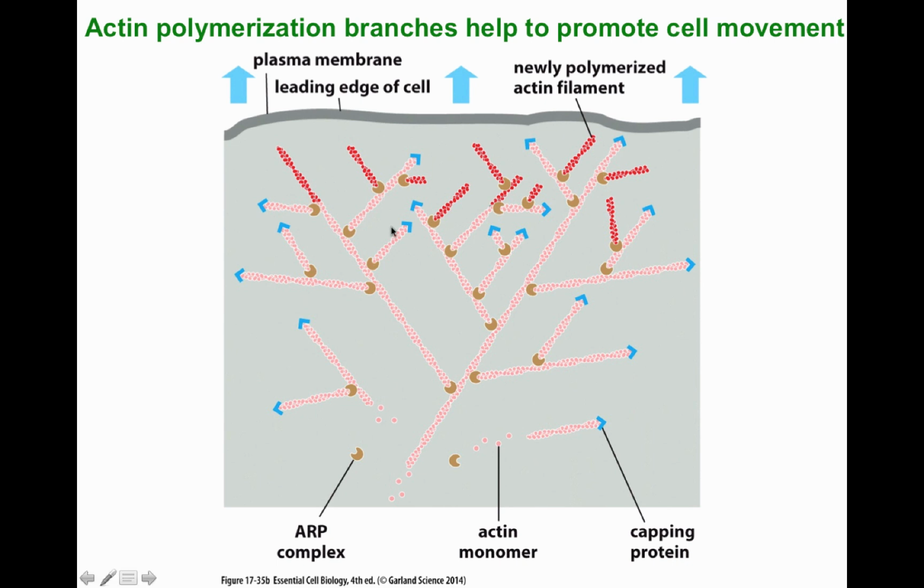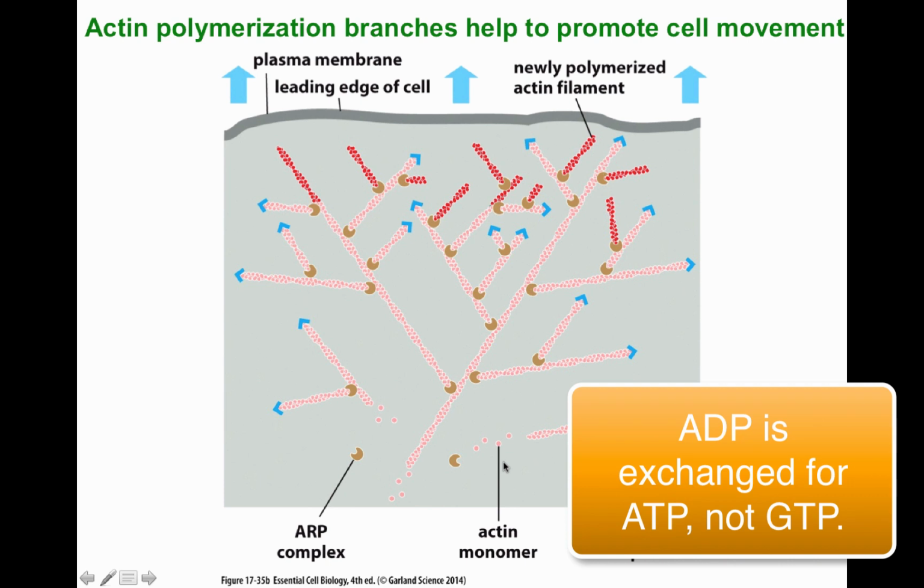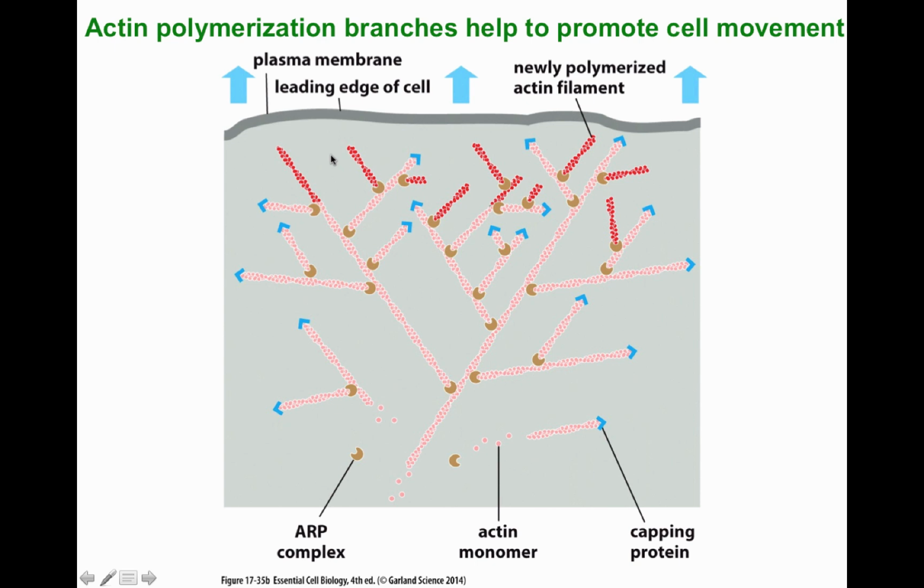What you can also appreciate from here is that at the end, you can begin to have the depolymerization of the actin filaments, generating more actin that could then be exchanged. The ADP on it could be exchanged for GTP, which then allows it to be recycled and used again for the polymerization of actin.